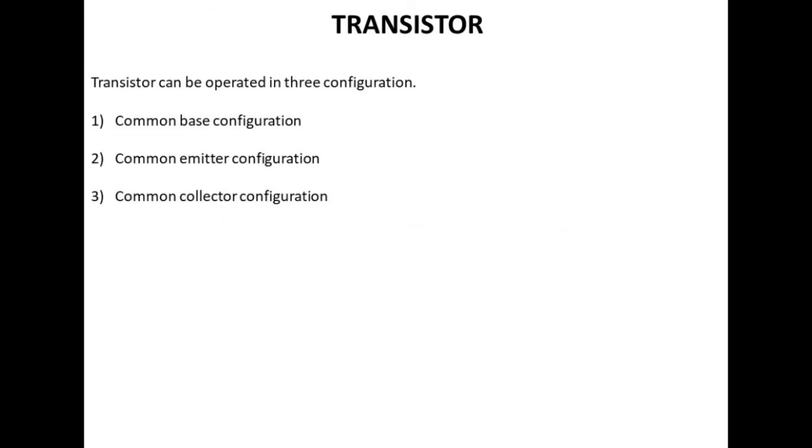Now come to the transistor configuration. Transistor can be operated in three configurations. The first configuration is common base configuration, then common emitter configuration and common collector configuration.